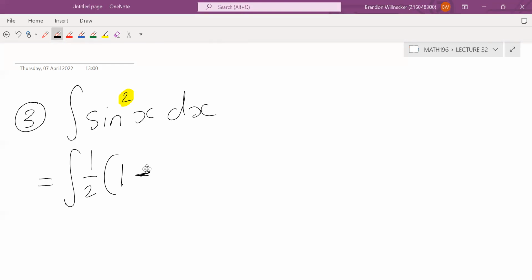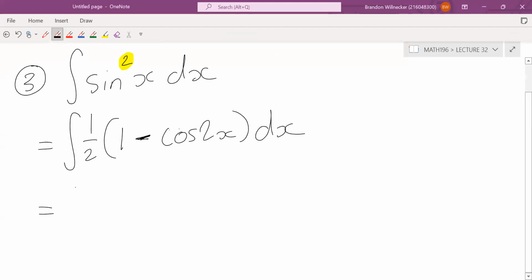So minus cos 2x dx. Okay, so we've met this before. But now we're treating it as a trig integral. Okay, so the half we can take out, and we're left with the integral of 1 minus cos 2x dx.